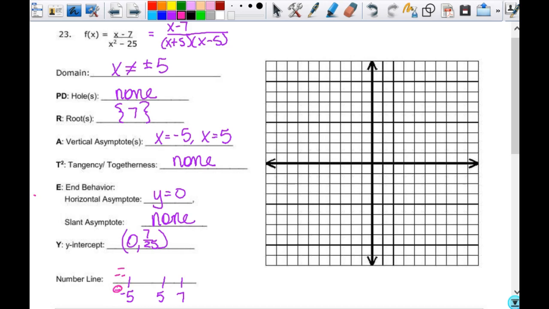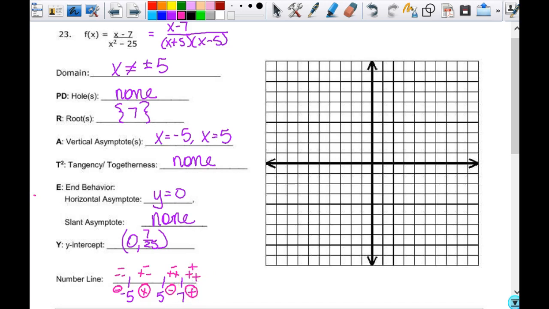If I substitute in the 0, I'm going to get negative, positive, negative, which is overall positive. Substitute in a 6, I get negative, positive, positive, overall negative. 8 is going to give me positive, positive, positive.